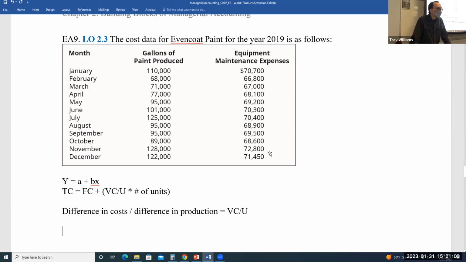The cost in November was 72,800, right? And the cost in February was 66,800. So the difference is $6,000.